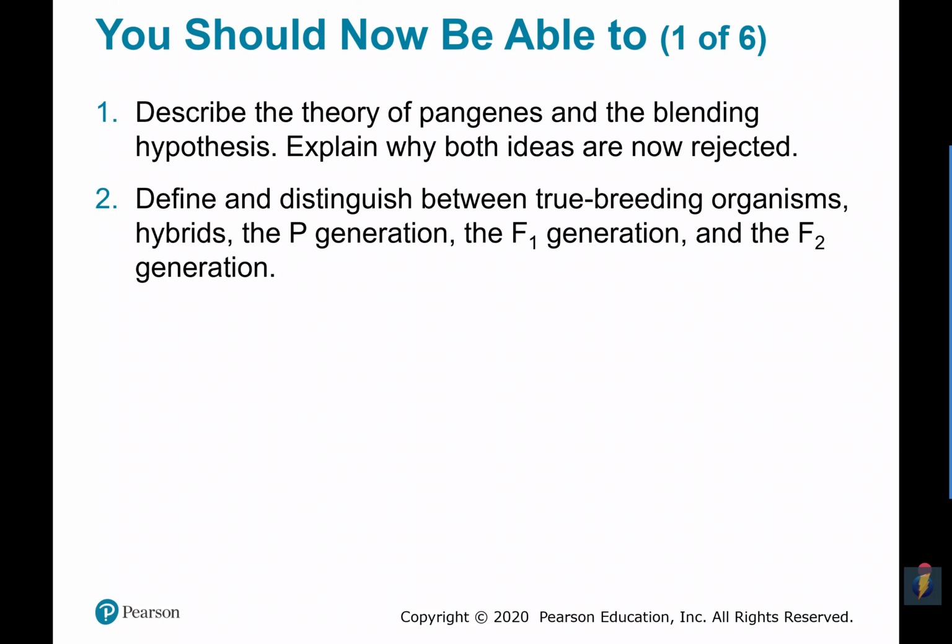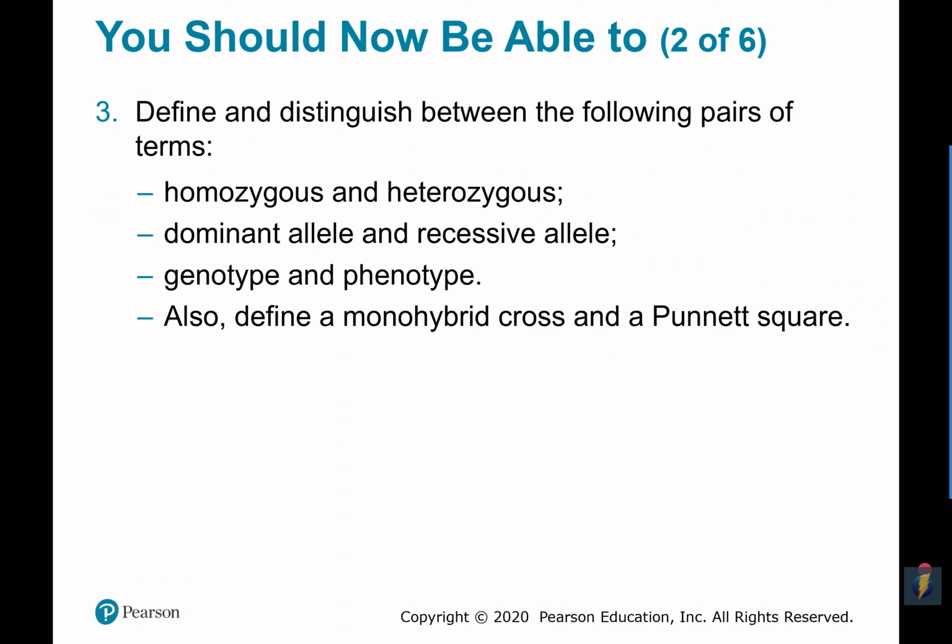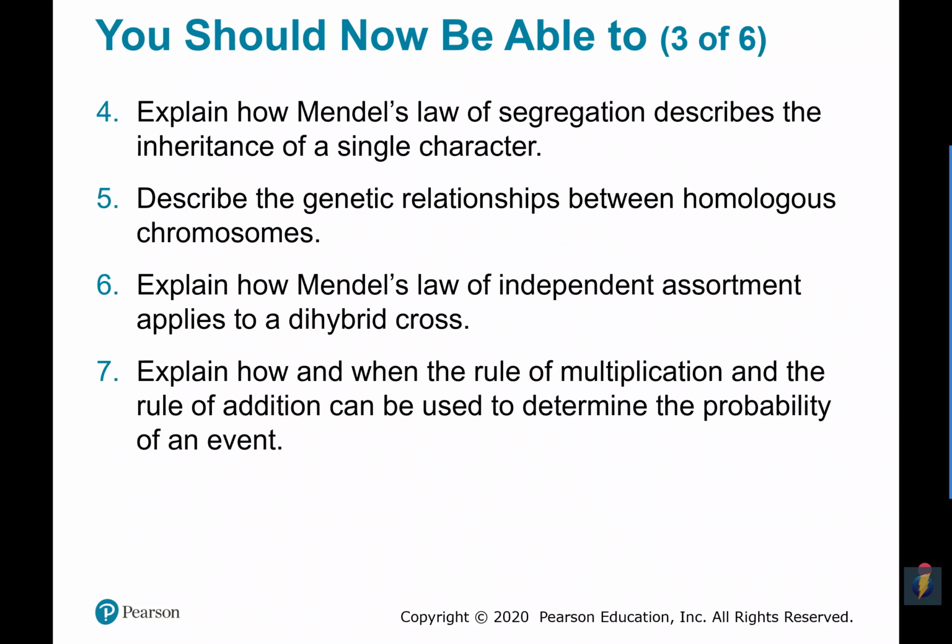True breeds meaning the homozygous dominant and the homozygous recessive, and then the hybrids being the heterozygous. We also talked about homozygous versus heterozygous, dominant versus recessive, genotype and phenotype. You should definitely be able to do a Punnett square from a monohybrid cross.